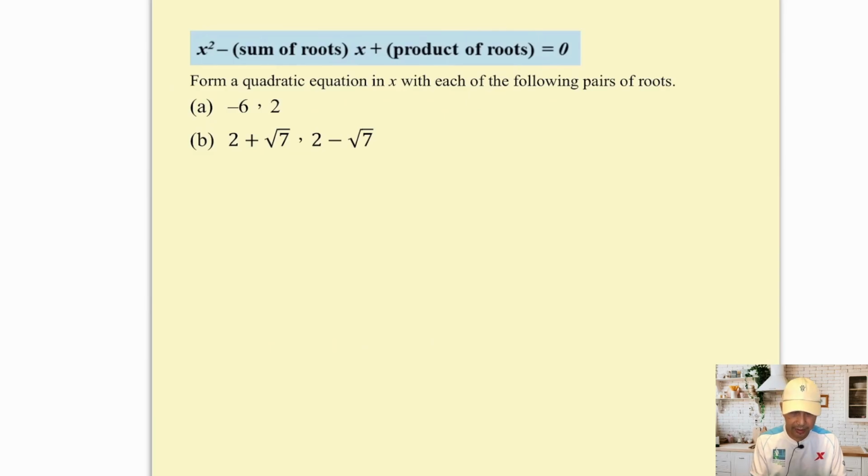Okay, once again, form quadratic equations in s with each of the following pairs of roots. But this time we are going to use this formula. In part A, the two roots are -6 and 2. The first step, we find the sum of roots.